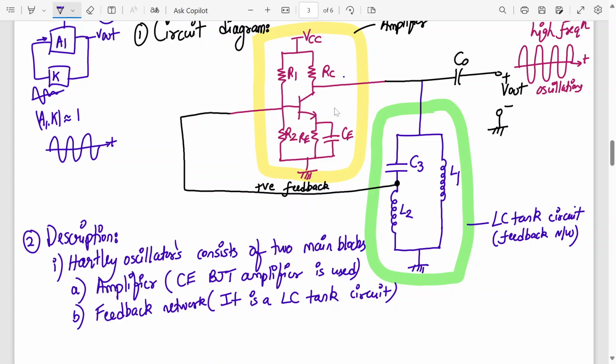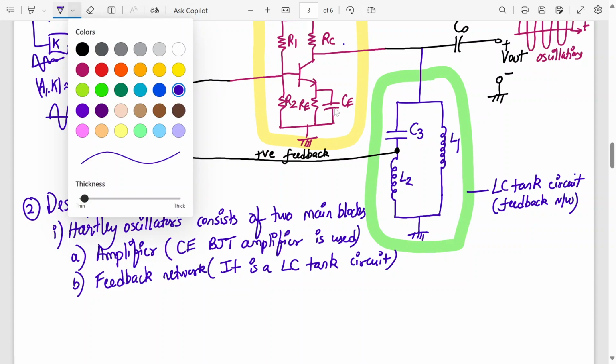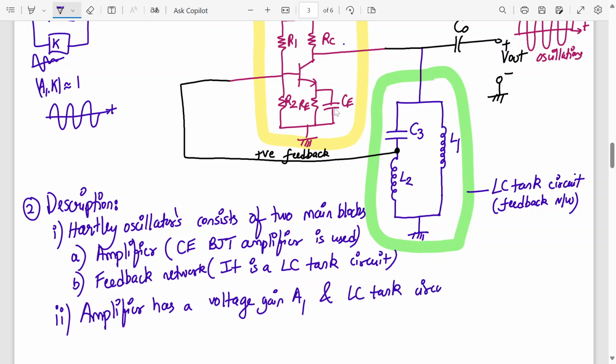Okay, the amplifier, next point, write: amplifier has a voltage gain A1, and the LC tank circuit gain is K.